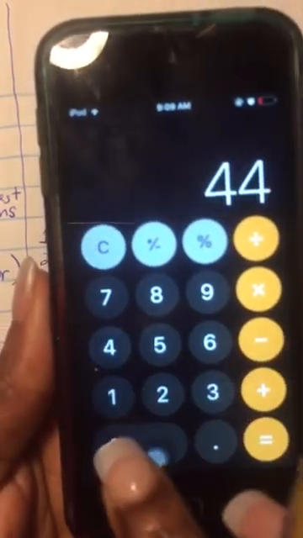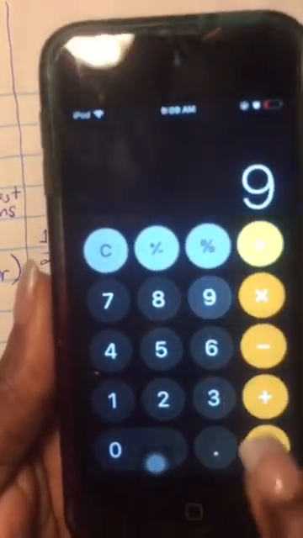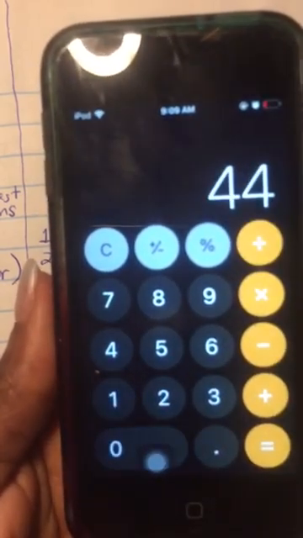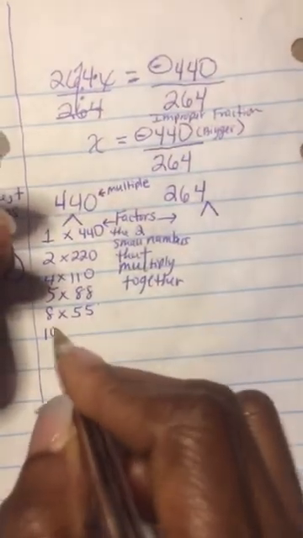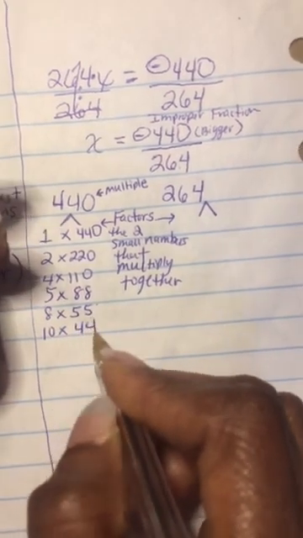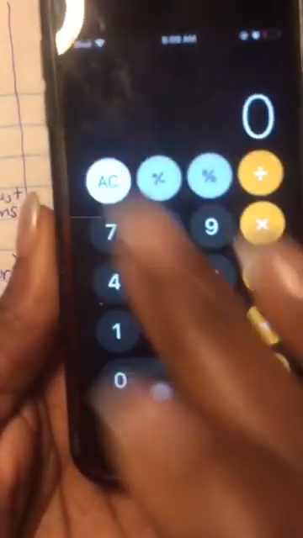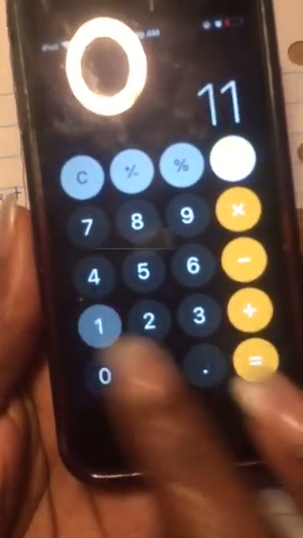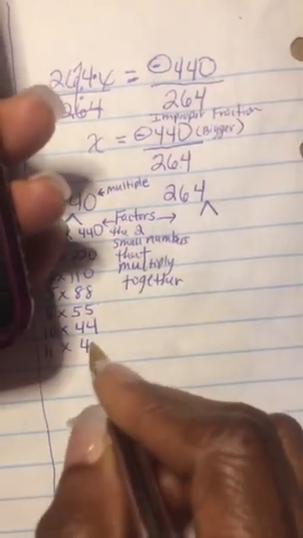So now we have 440 divided by 9. 440 divided by 10 gives us 44. So we have 10 times 44. 440 divided by 11. So now we have 11 times 40.